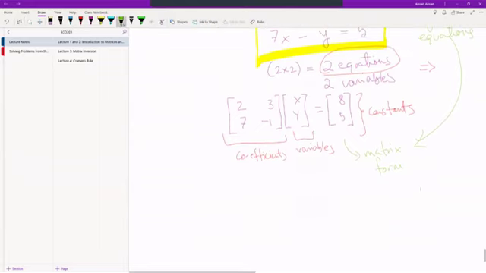Okay, so remember what our aim was. Our aim was to find the values of x and y.